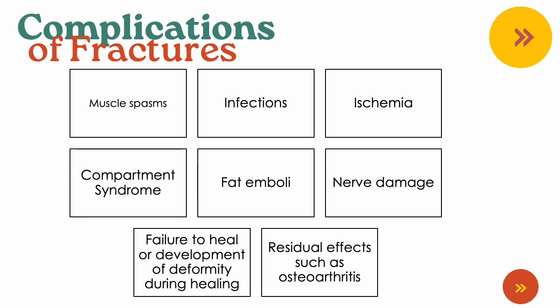Sometimes they can disseminate into the circulation system and cause other issues, but most severely it would be respiratory distress and severe hypoxia. Of course, we talked about nerve damage because of the areas of tear. And again, those long-term effects can be osteoarthritis or even stunted growth, depending on how bad the damage was.